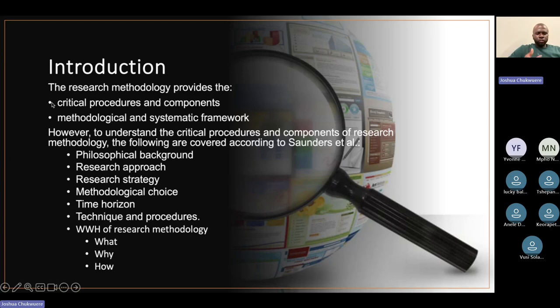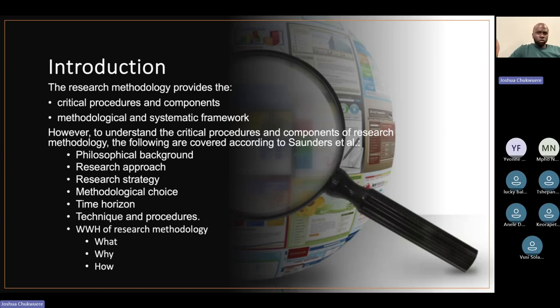Being a methodological and systematic approach, it also assists you to understand all those processes, procedures and components of your research methodology. In order for you to carry out research methodology, there are different layouts you can adapt. But for the purpose of this teaching, we're going to look at Saunders et al. and how they presented research methodology.